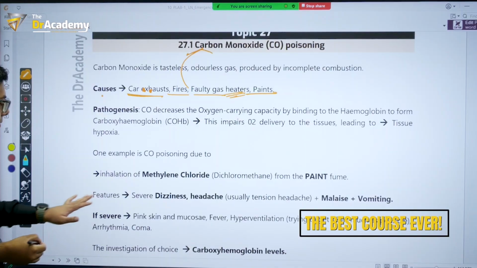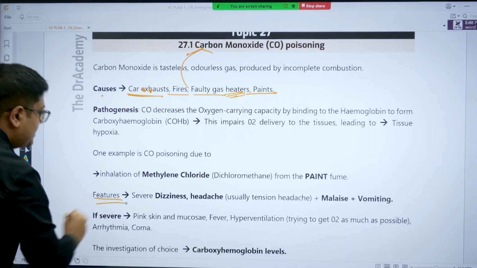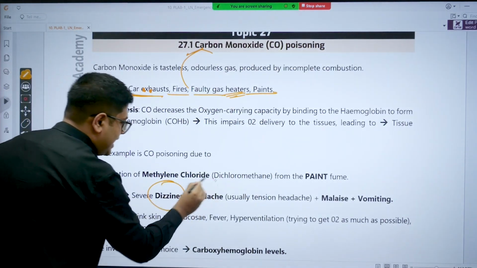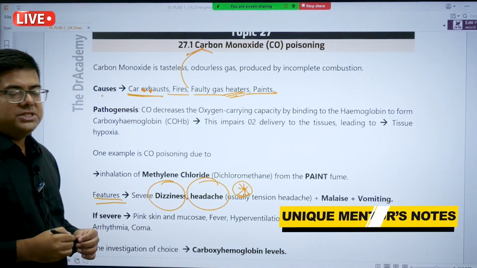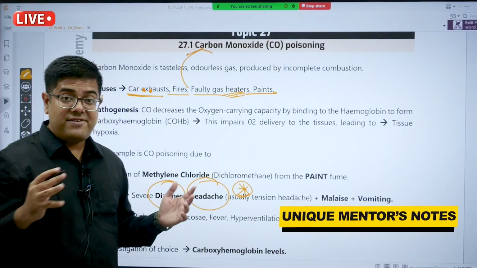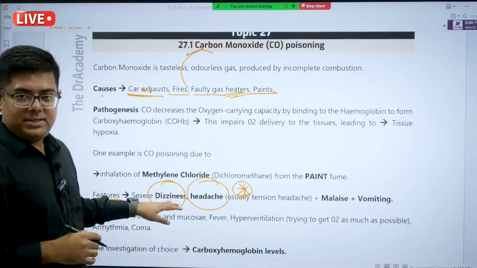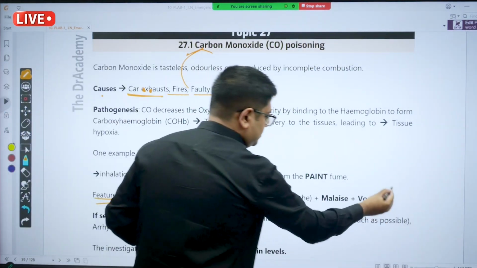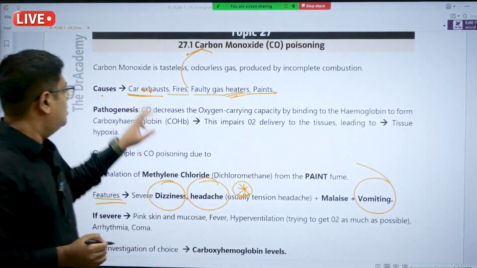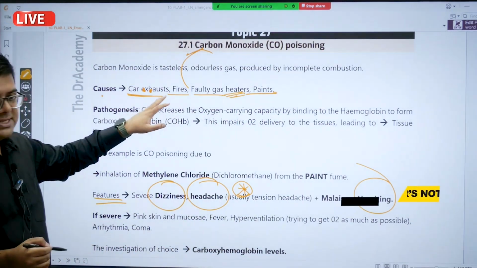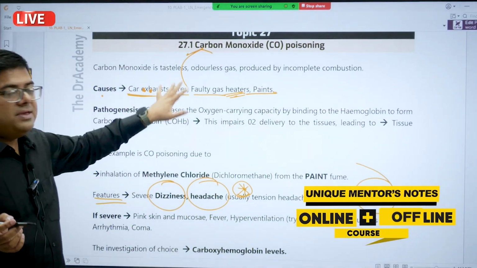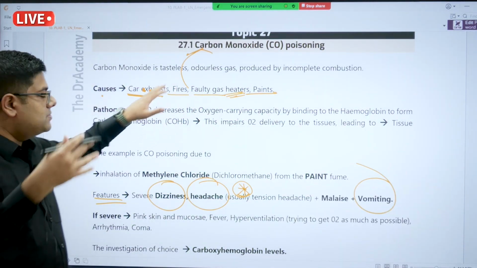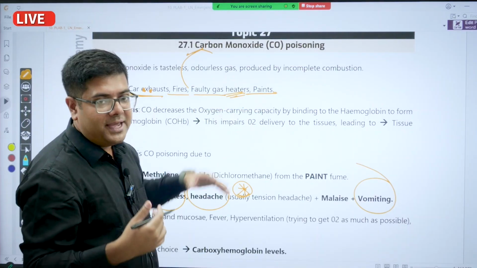Just go through now the features. Severe dizziness, headache. Headache is one of the pathognomonic features of carbon monoxide poisoning. Severe headache, dizziness and vomiting. Also any of these things: car exhaust, maybe working in a car factory, maybe a firefighter, maybe a person coming out of a burnt house, maybe a painter.